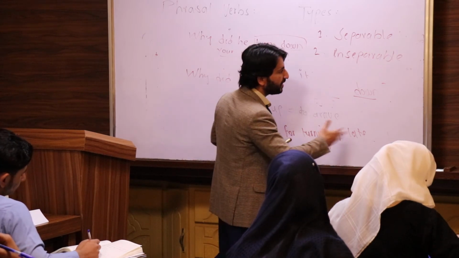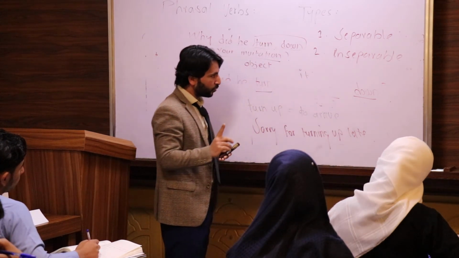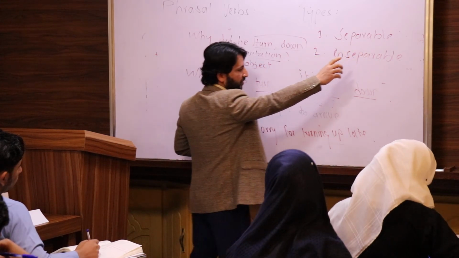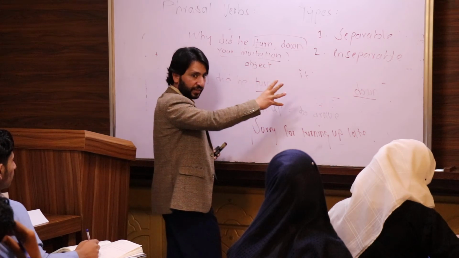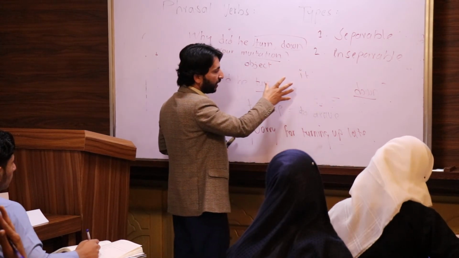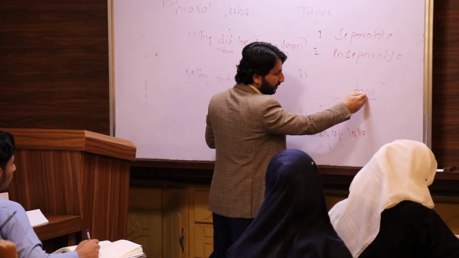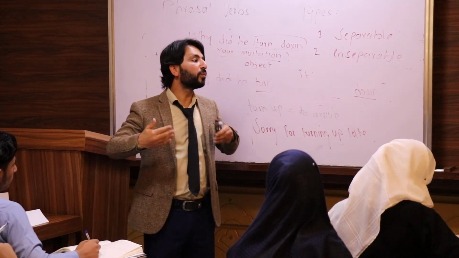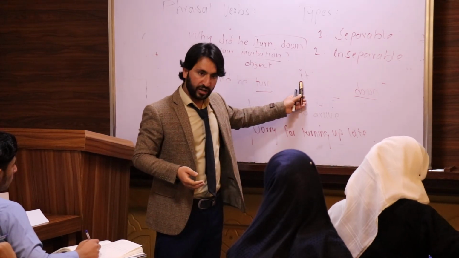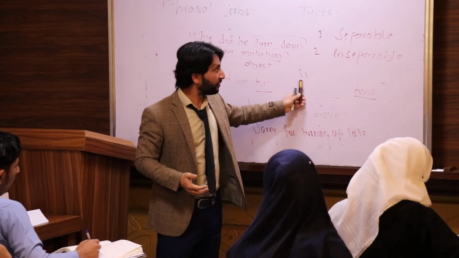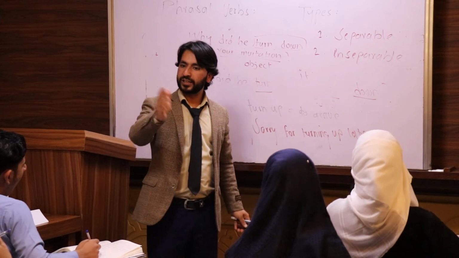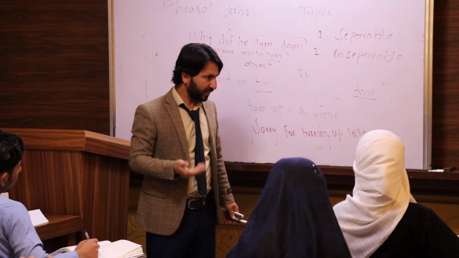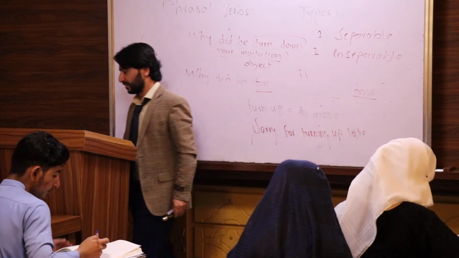And one thing you must keep in mind while using separable phrasal verbs: if you have an object that is a pronoun, you must separate the verb from the particle. If it is a noun, then it's okay. Either you separate it or not, both examples are equally correct. Right? Okay, write it down, come on.